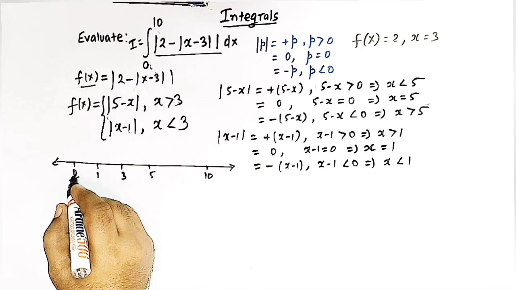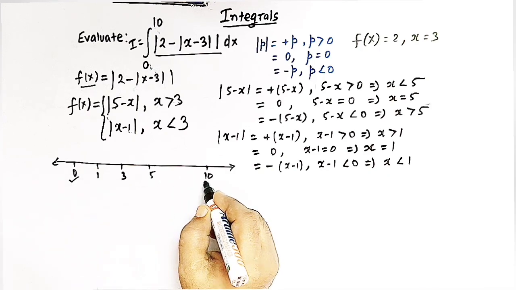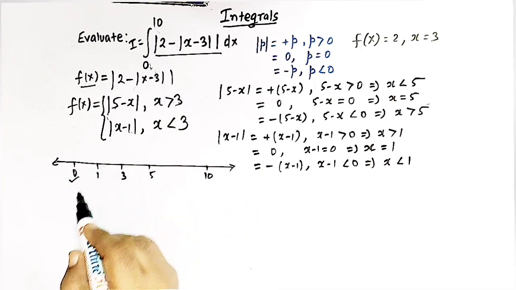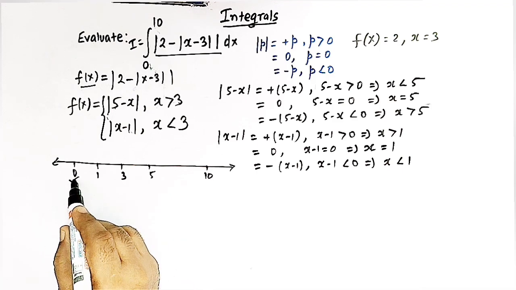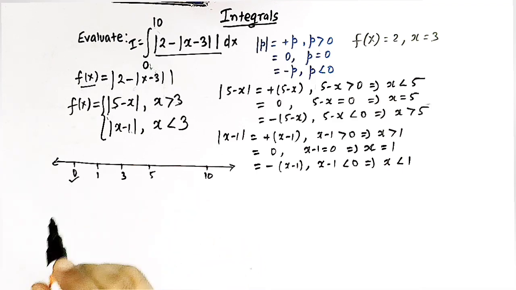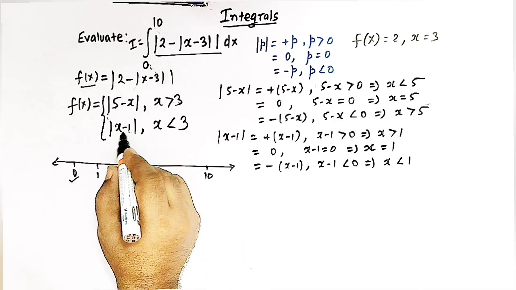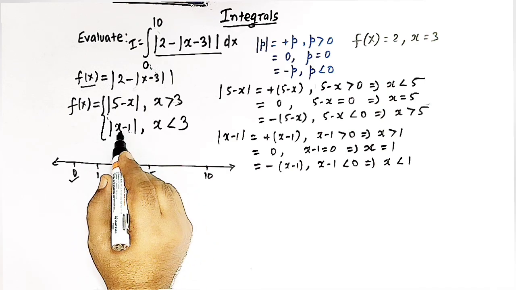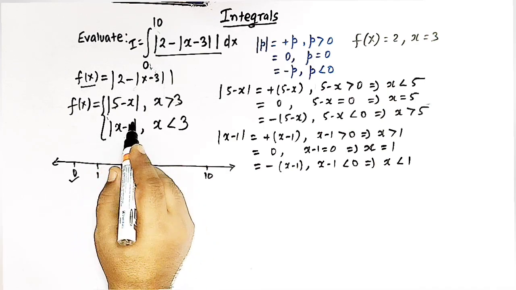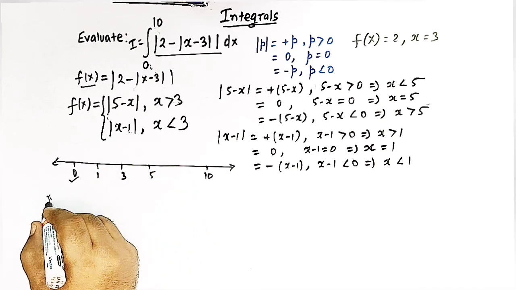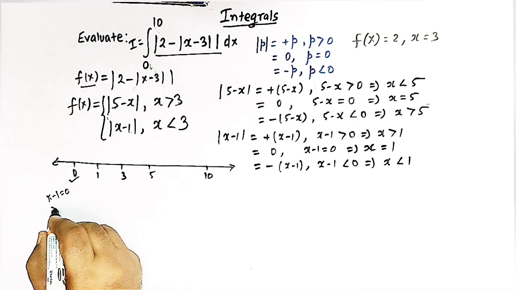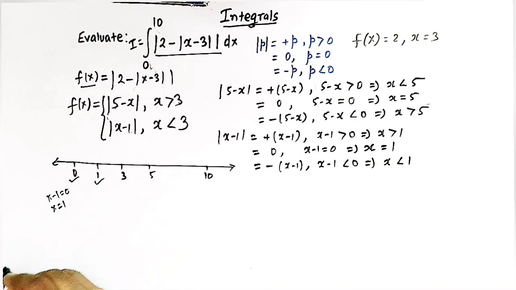So 0 is our lower limit, 10 is our upper limit, and apart from 0 and 10 we have three more points. The first one is 1, which can be obtained from mod of x minus 1 by taking x minus 1 is equal to 0, so x is 1, right?